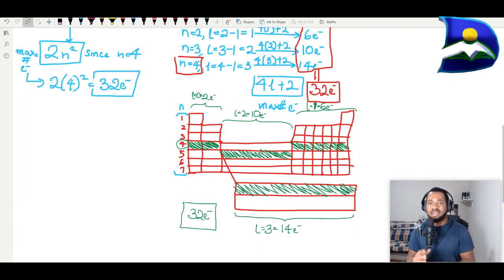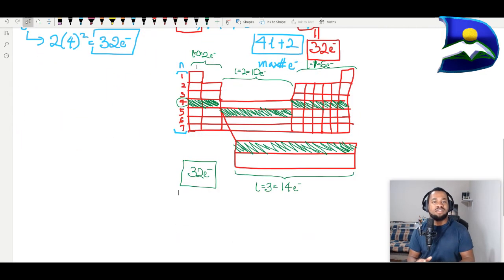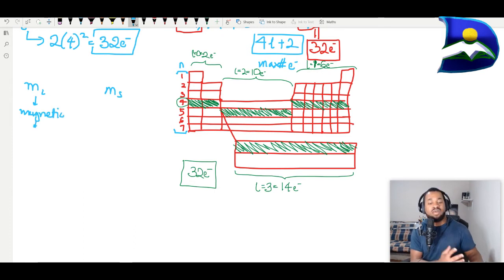And then the next one here is, how about we use the next method, which involves combining what we know about our ML and our MS. And what does this represent? Our ML represents our magnetic quantum number, and this magnetic quantum number is actually important in determining the orientation of our orbitals.